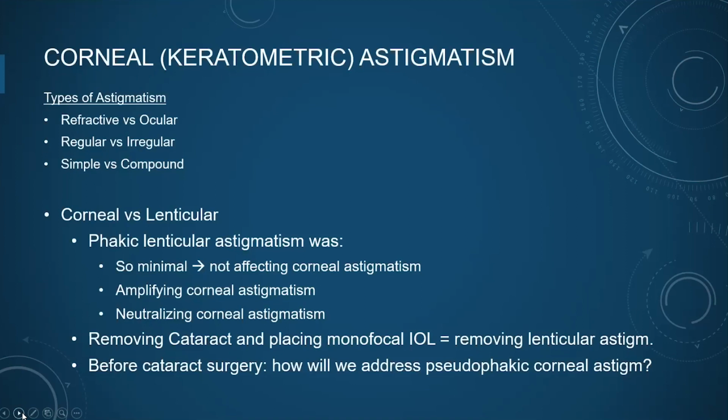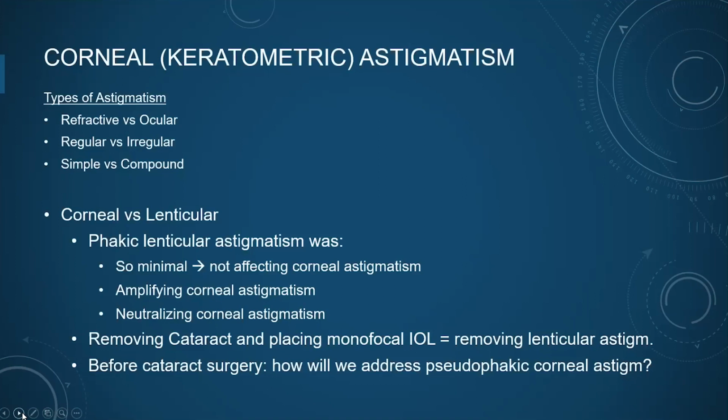When we perform cataract surgery and we remove the lens, everybody has some lenticular astigmatism. And that phakic lenticular astigmatism was one of three things. It was so minimal that it was not affecting the corneal astigmatism at all. It was a lot, but it was actually amplifying the corneal astigmatism, which is good because we're removing the lens and therefore we don't have to do as much astigmatism correction as we thought we would need to.